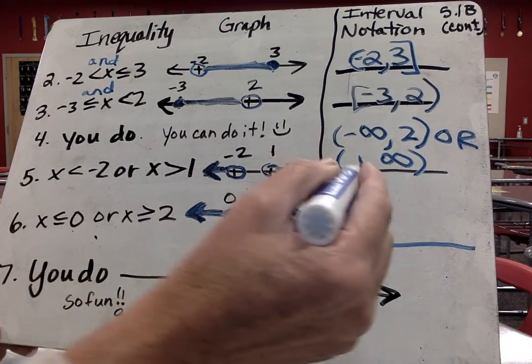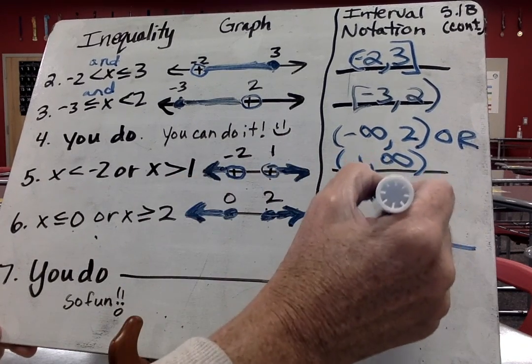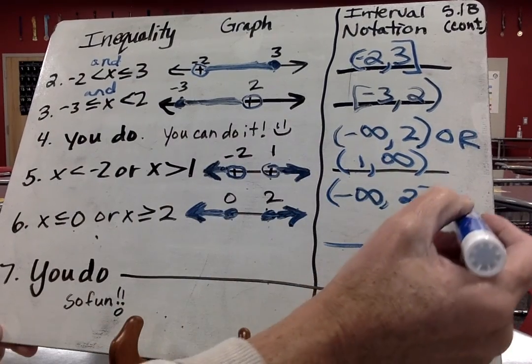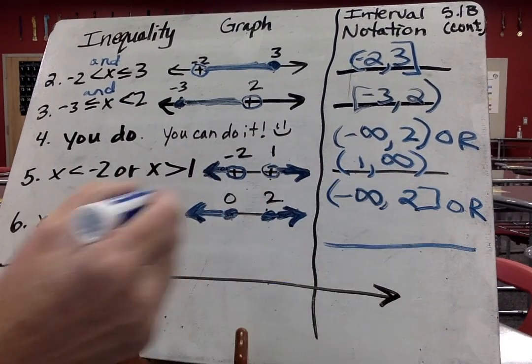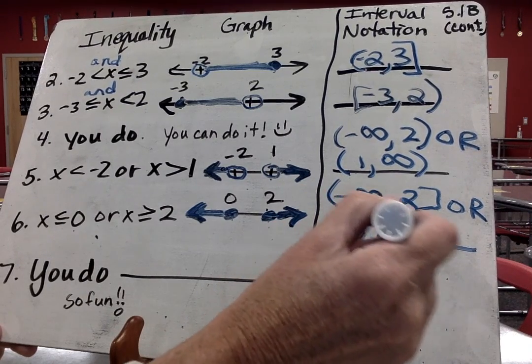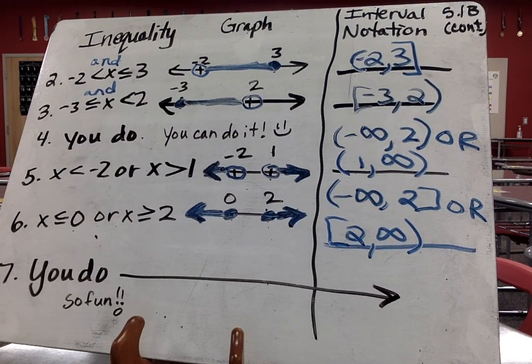So then we go from negative infinity to 0. This time we include 0, so it's a bracket. Or, let's do our other interval. We go from 2 to positive infinity. And 2, does it include 2? Yes, so it's a bracket.